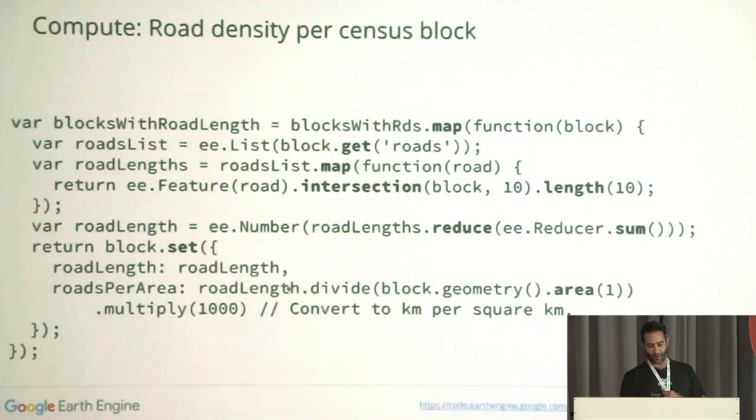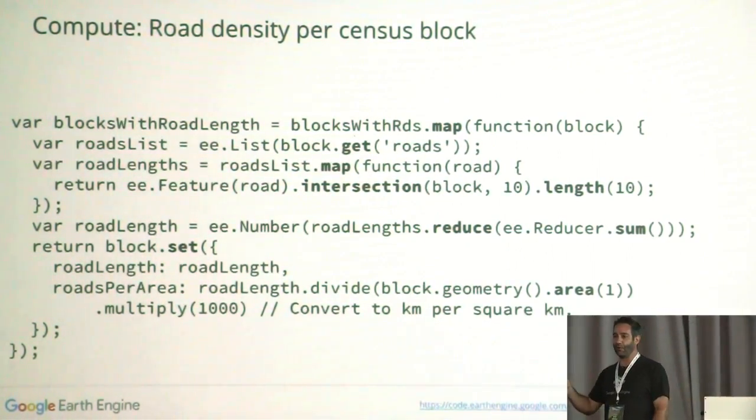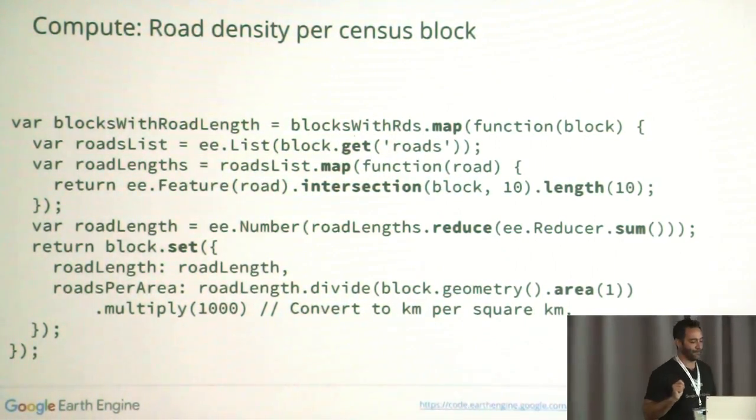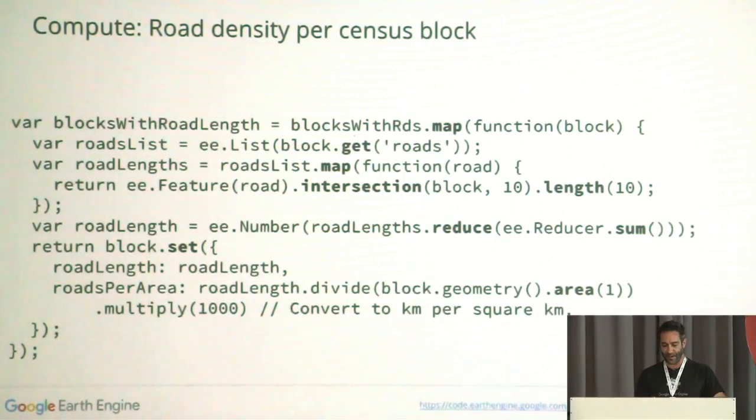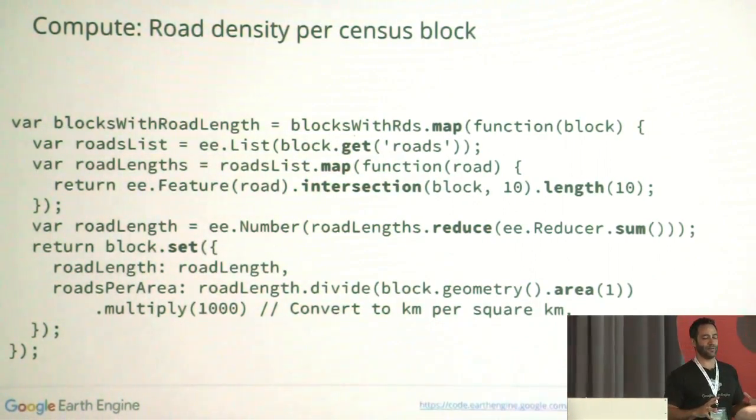But what we really want is to divide by the block area in order to get road length per unit area. And here's how you do that. You just get the block geometry and call .area on it. Again, error margin. And then convert some units here. So that's how we get road density in each of these blocks.